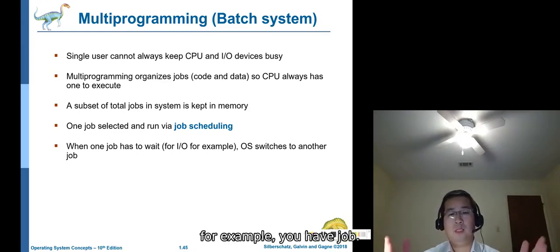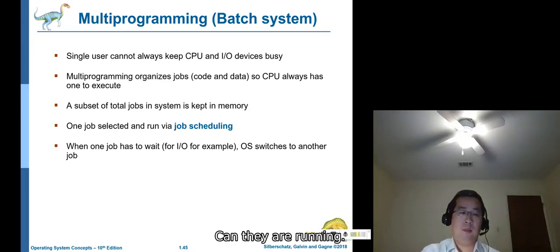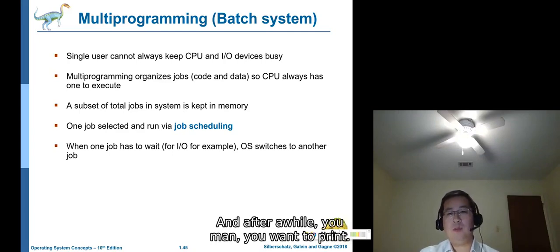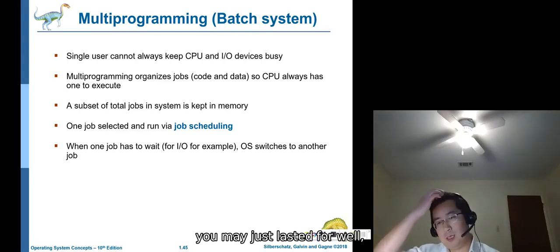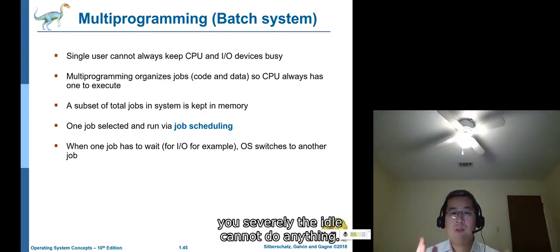Because sometimes, for example, you have a job currently running, and after a while you want to print. During this print, which may last for a while, your CPU is idle and cannot do anything.